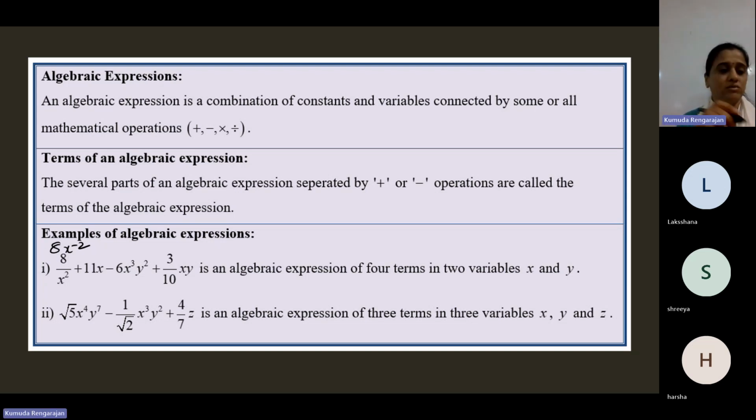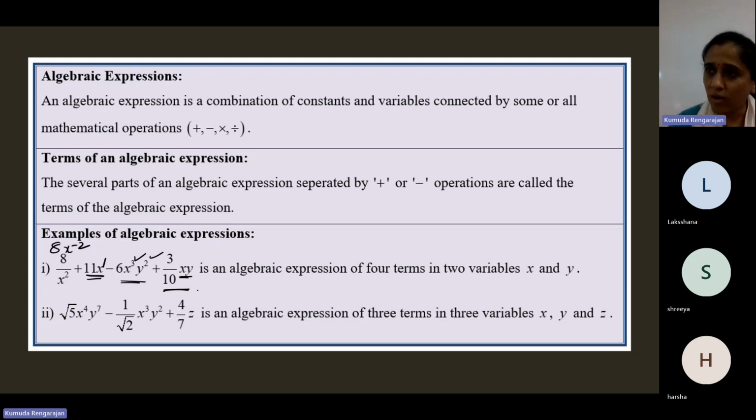Okay, so understand? But in the second term, what's the power of x? 1. It's a whole number. In the third term, there are two variables, x and y. The power of x is 3, whole number. The power of y is 2, whole number. Fine. In the fourth term, we have two variables, x and y.